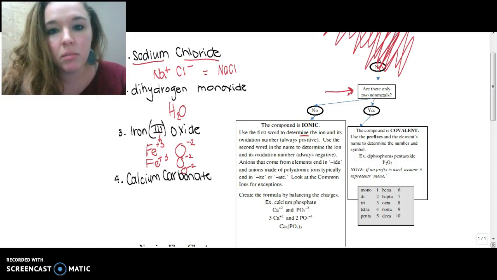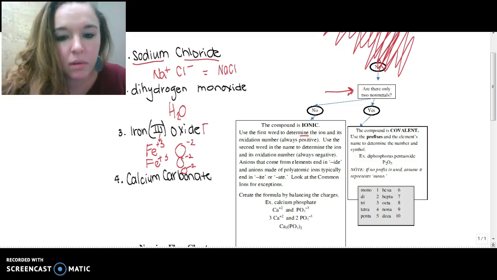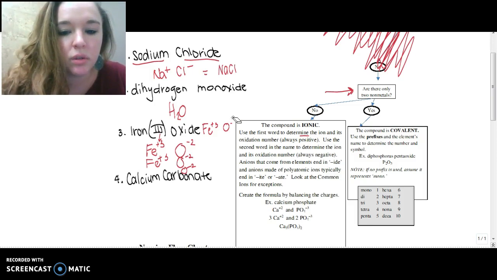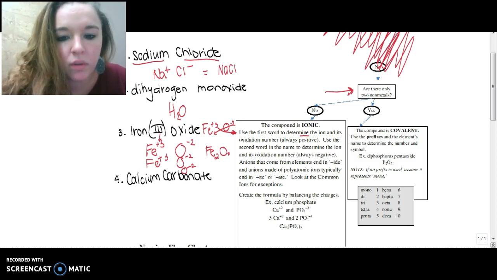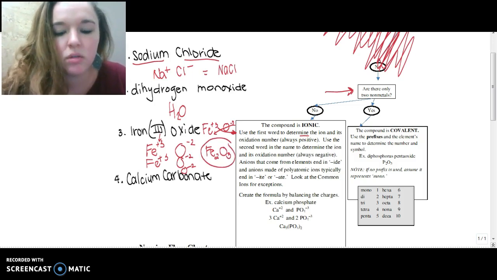Now, there are many different ways to go about doing that. You could do the crisscross method where you see that you have Fe plus 3 and O minus 2, and just multiply through to get 6 that way. But whichever way you use, your correct formula at the end is going to be Fe2O3.